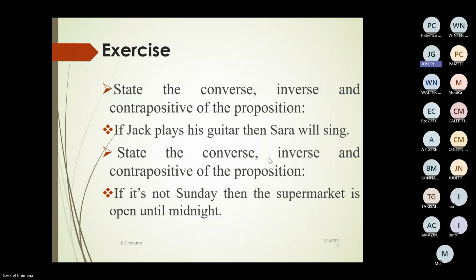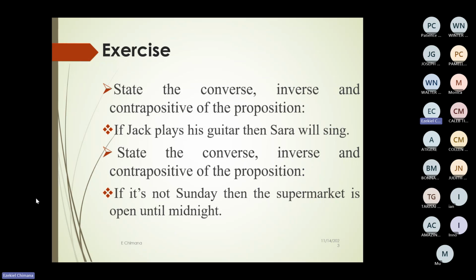Taking if Jack plays the guitar for P and then Sarah will sing for Q, I think the first statement will be P, and then if it's true, then Sarah will sing, which is Q. It's only true when it's P and Q. And then if it's the inverse, if Jack doesn't play the guitar, Sarah will not sing. No, I just want the converse. Okay, at first, the converse.